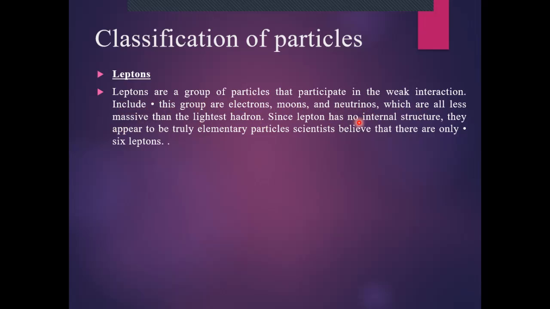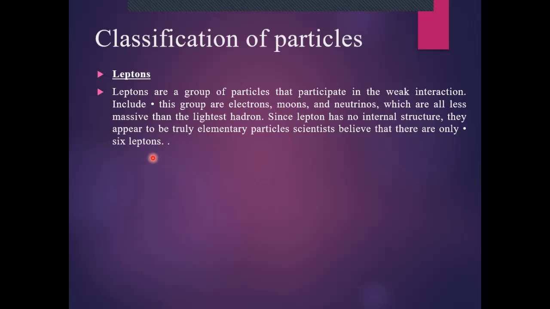Since leptons have no internal structure, they appear to be truly elementary particles, and scientists believe that there are only six leptons: electrons, muons, neutrinos, and their antiparticles such as antineutrino, antimuon, and positron.